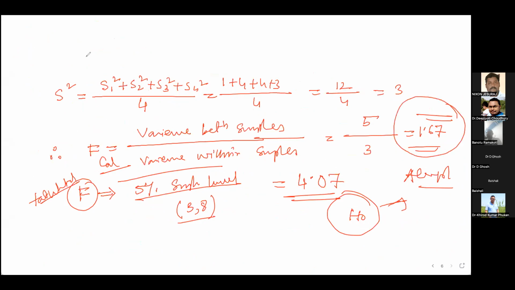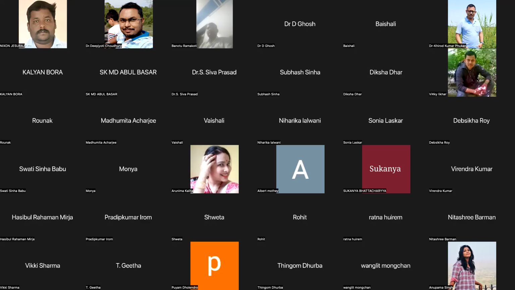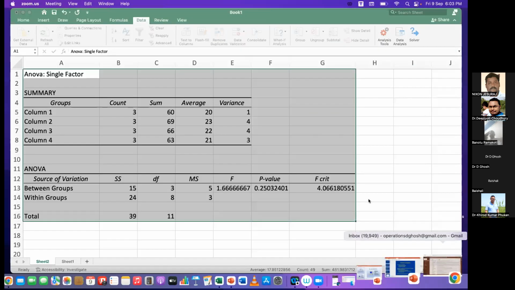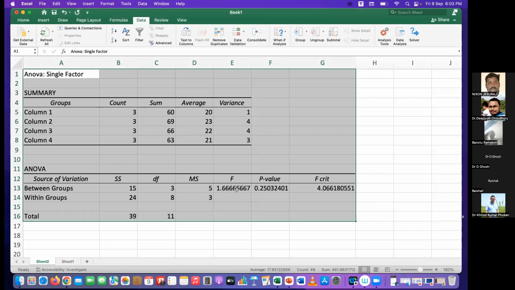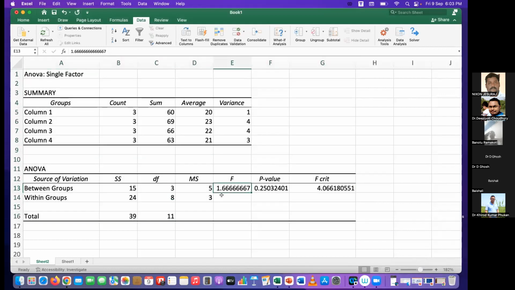Now what is happening when I refer back to the Excel? Excel is showing me the observation of F. Yes, F calculated is 1.66667, means 1.67.